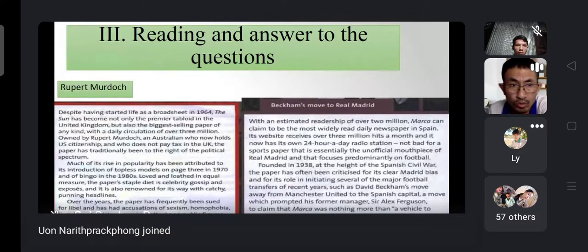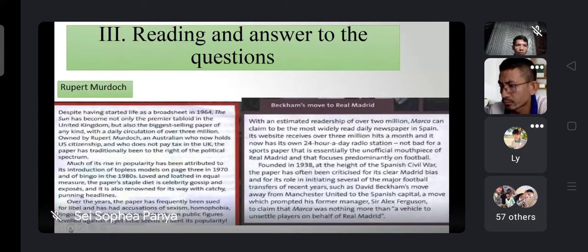And what is related to Rupert Murdoch? So you can make a main point of the reading. You don't have to come and read everything.